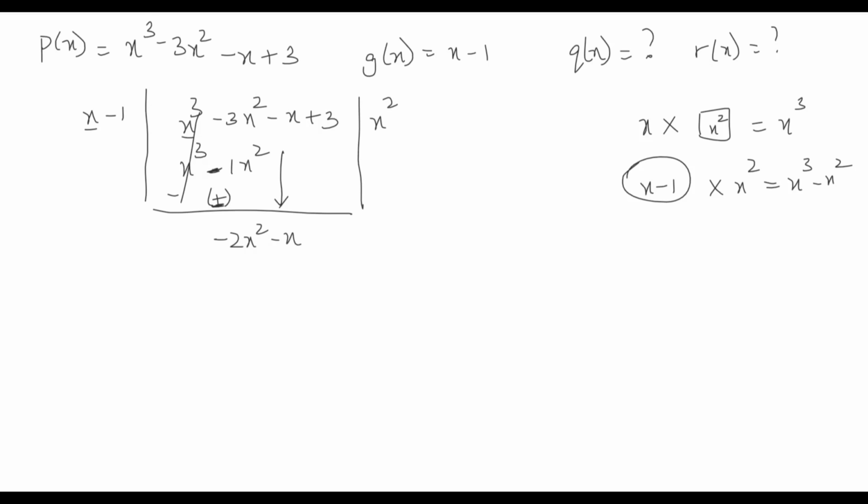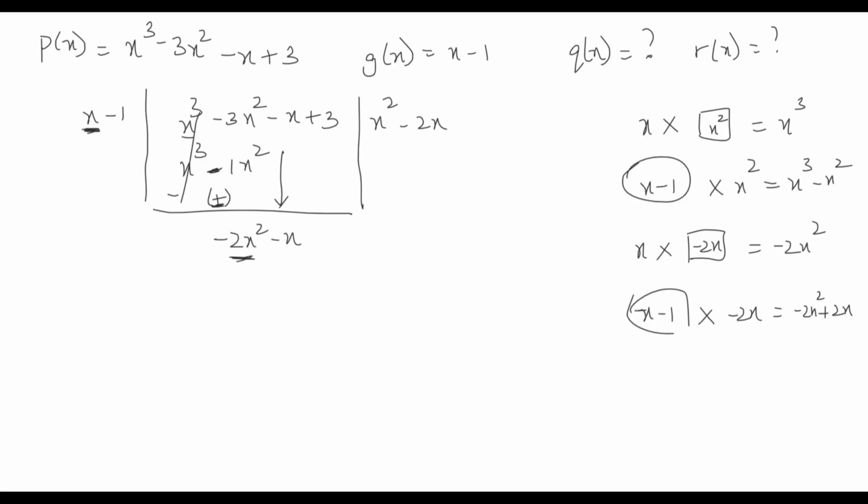Now again compare the first term x with the first term minus 2x square. What should be multiplied to x so that you will get minus 2x square? Is it minus 2x? Yes, it is. So you have to multiply by minus 2x. So x minus 1 whole is multiplied by minus 2x. That is minus 2x into x is minus 2x square, minus into minus is plus, 1 into 2x is 2x.